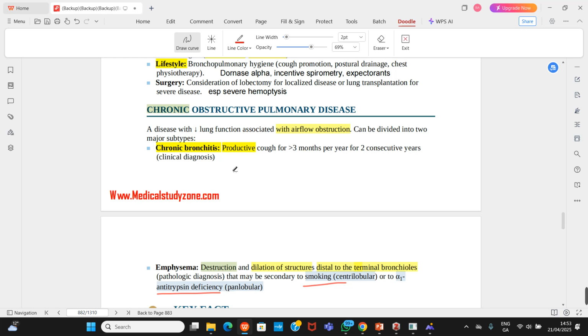So in the alveoli, exactly, they have elastic fibers that surround them, right? So they can help in elastic recoil, they can help in expansion.